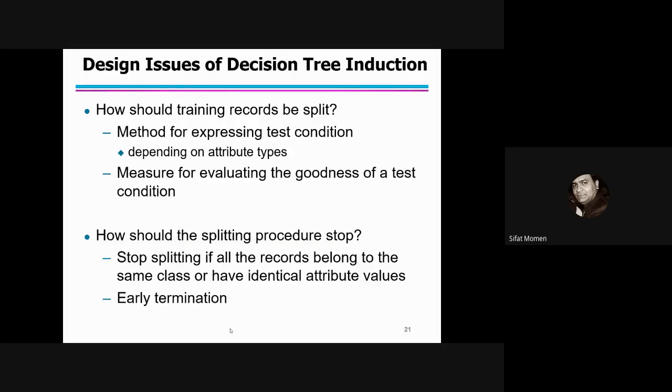Shall I stop splitting if all the records belong to the same class, that is, pure? Or do I make an early termination, where there is a mix but it's like 7-1, so small that we just make a decision? When do I stop splitting?